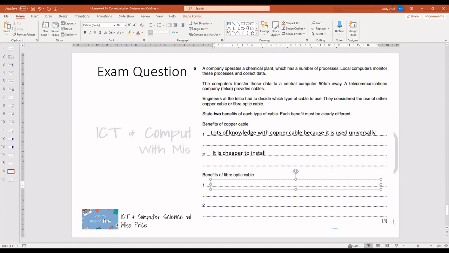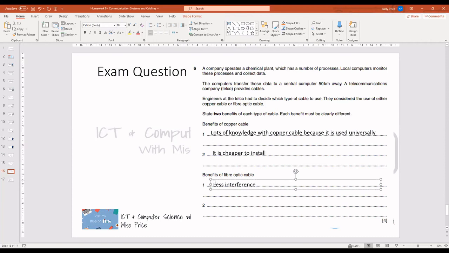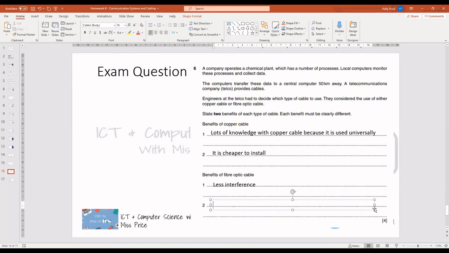Actually, I'm going to say benefits of fibre optic cable are less interference, and then I'm going to explain less interference, and here I'm going to put, what was I going to say?